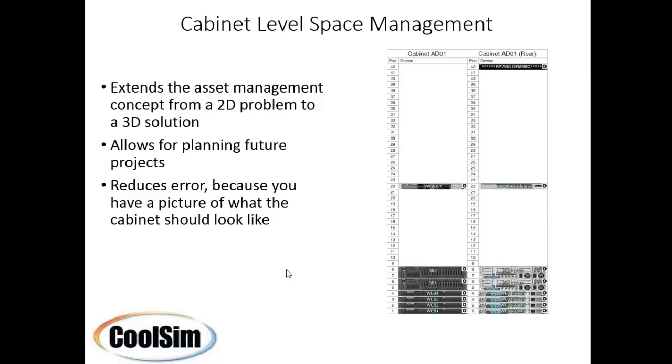And it also reduces error, because when you send a technician out with a tablet or some other mobile device or laptop, they can pull up DCIM and have a picture of what the cabinet should look like. So if they get to the cabinet and it doesn't look like this, they can say, wait a second, I'm in the wrong place. Or I may have said, install DD2 and hook it into port 4 on the switch.